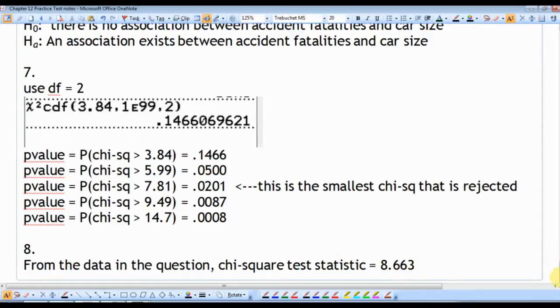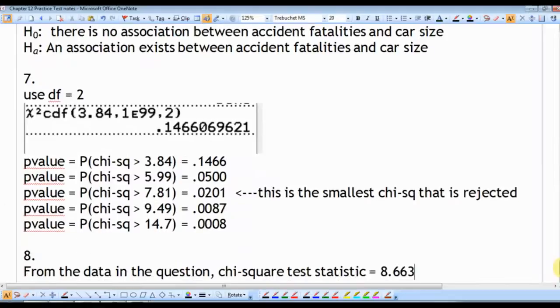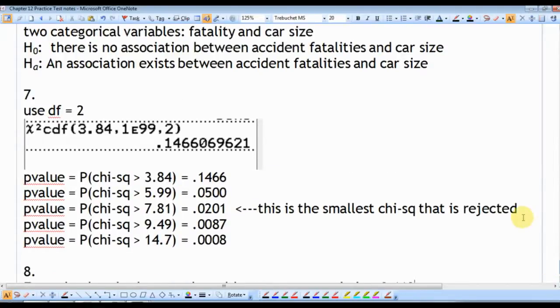I have a question about the last one. How do you get the degree of freedom? Well, we're presumably doing this for the question about death frequency and automobile size. So we have a 2x3 matrix, 2 rows, 3 columns. To get the degree of freedom, you say 2 minus 1 is 1, 3 minus 1 is 2, and 1 times 2 is the degree of freedom.